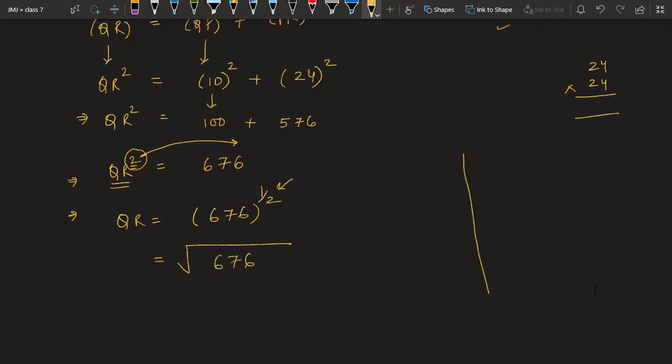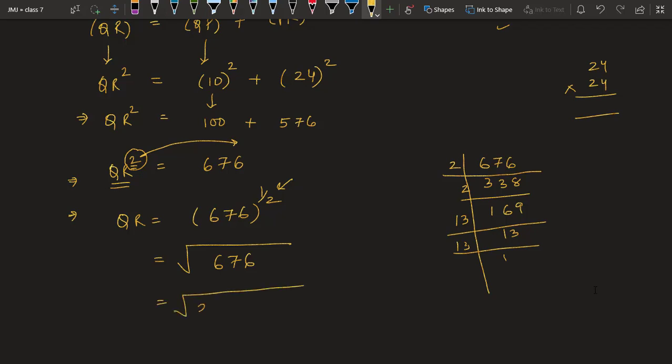Now to solve square root, we have the method of prime factorization. So let's start. 2 3s are 6, 2 8s are 16, 2 1s are 2, 6s are 2, 9s are 13, 13s are 169 and 13 1s are 13. So we can write this 676 as 2 multiplied with 2 multiplied with 13 multiplied with 13.